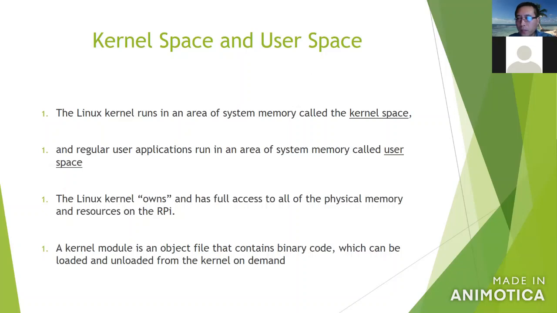One part, the operating system uses to save all those kernel applications. Okay, and the other part, the operating system designates as user space. And from the names, we know that they have different purposes. So kernel space means that's the memory space designated for Linux kernels.